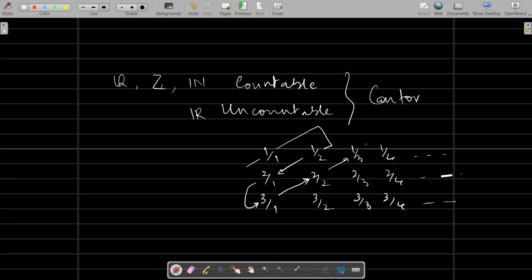Yes, sir, but this is not in order. If I give you a rational number, you cannot tell me the next rational number. In that sense, you can't say the next number, but that is up to your arrangement on the line. If I arrange this way, I can always tell you the next number.